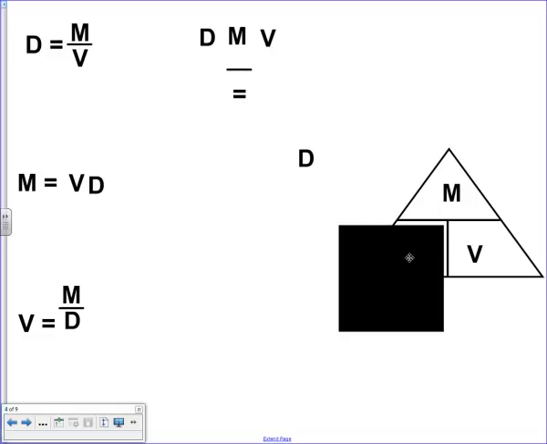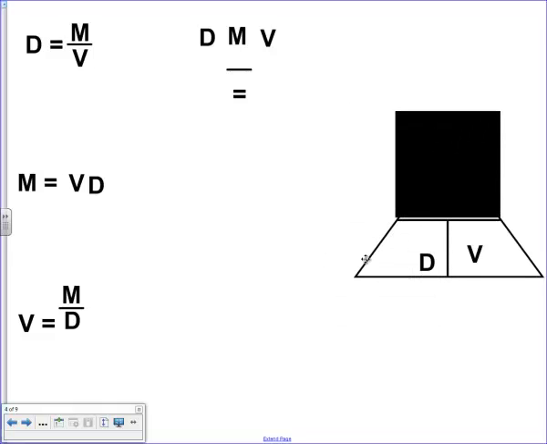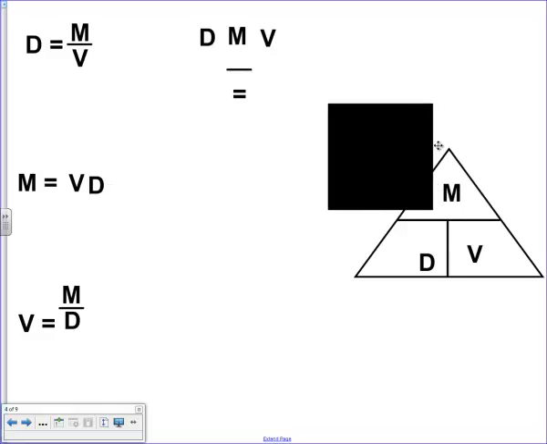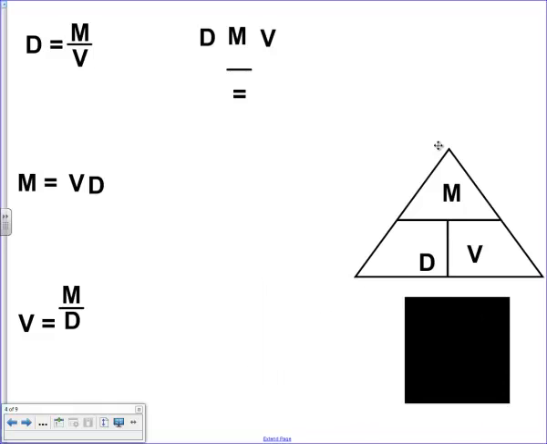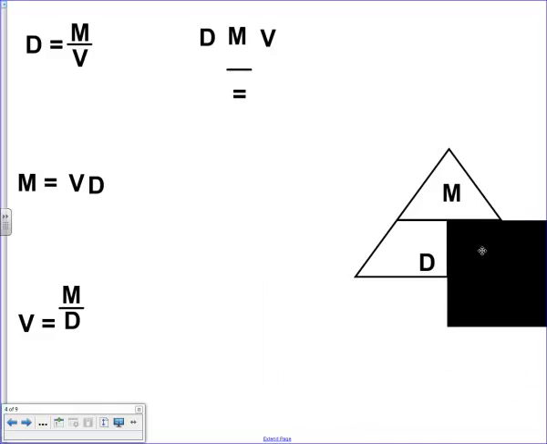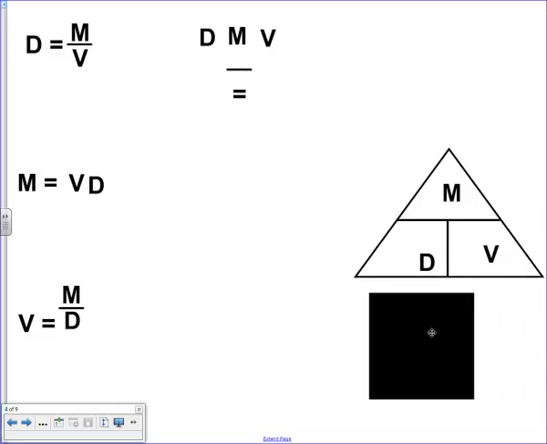If I want to solve for mass, I cover up the m, and it looks like density multiplied by volume. And if I want to solve for the third formula, I cover up the v, it looks like m over d, or mass divided by density. So we could use this idea to help us solve some problems, and that's what we'll do next.